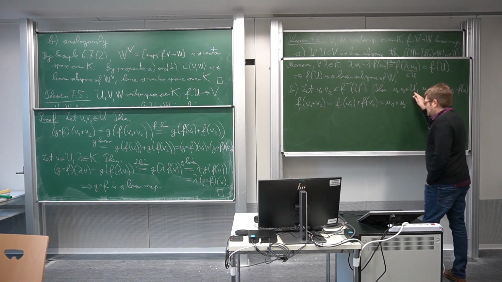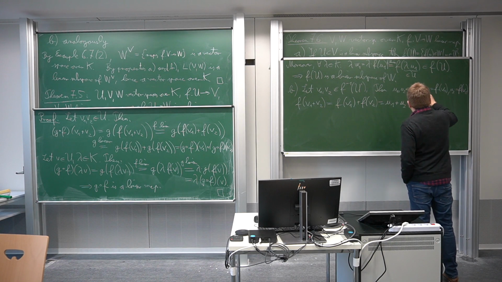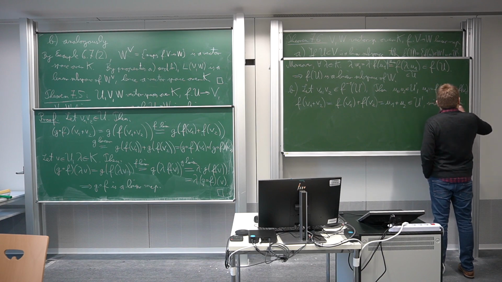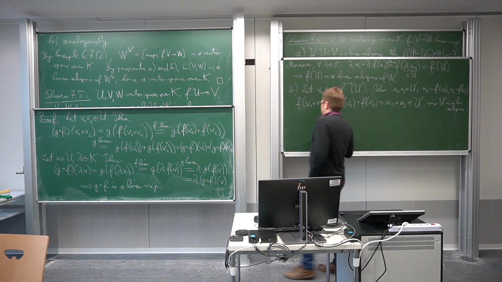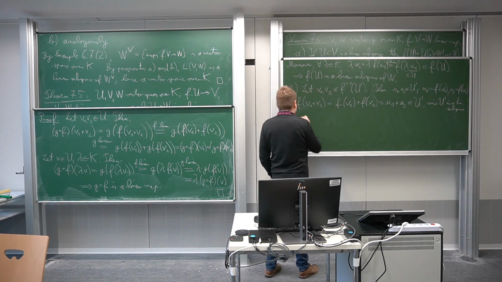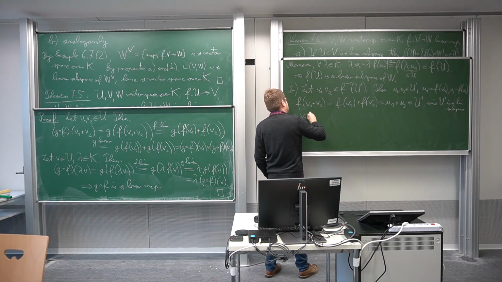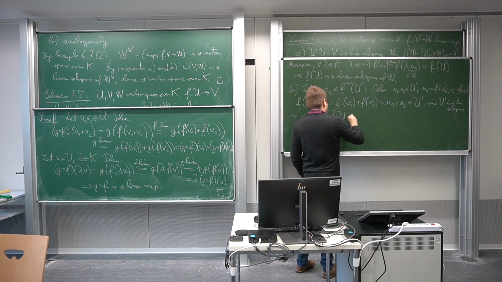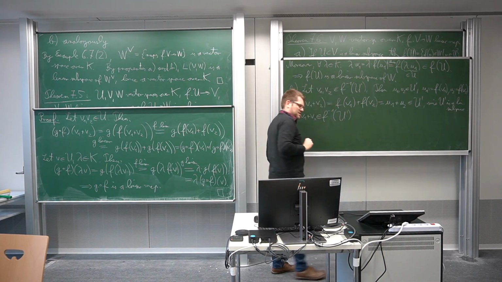U prime is a linear subspace, so this is in U prime. So this shows f of the sum lies in U prime, and in other words, v1 plus v2 lies in the pre-image of U prime under f.